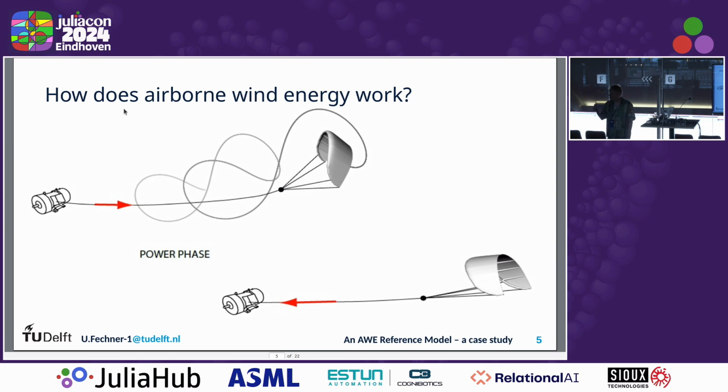When it reaches the maximum height, which might be something like 300 meters, then we change the angle of attack and reel it back in at a low lift and a low force. So 80% of the time we reel out, 20% we reel in. That's a pump; we call it the pumping mode of operation.